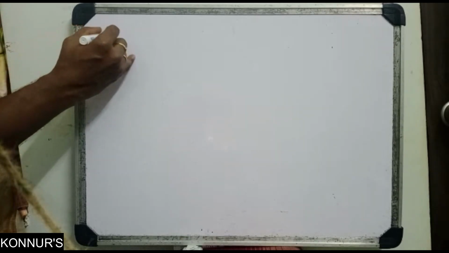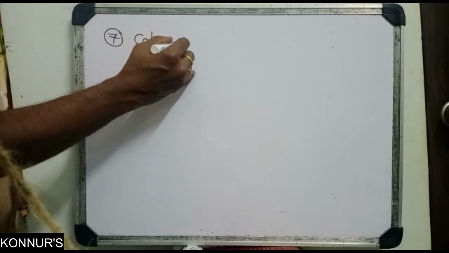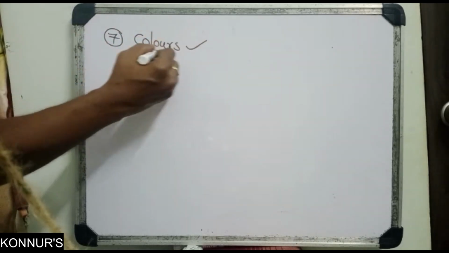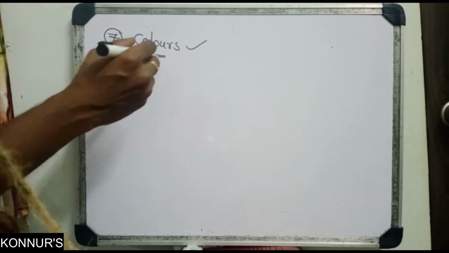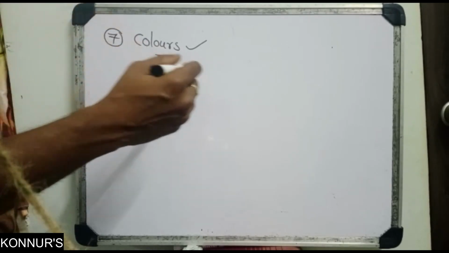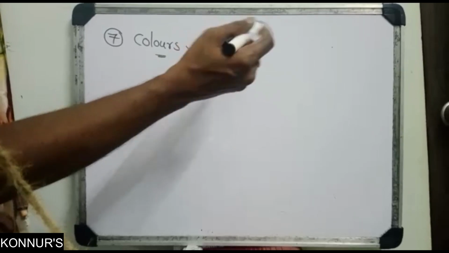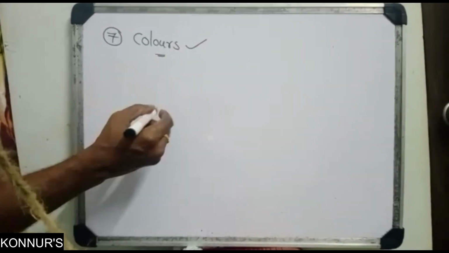Next, the seventh one. It perfectly explains color properties. So this is very important. See how the color is observed. Suppose light is falling on an object; it absorbs some light and ejects something, which falls on the retina of our eye. So then only the color is observed.